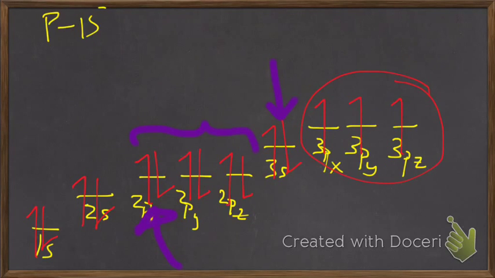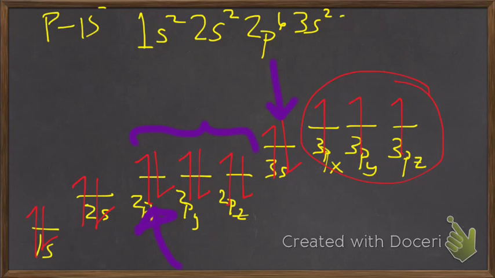Now I want to show you something else. This gets a little cumbersome when we write it all out and draw it out like this. There's another way that we can do it. Actually, there's a couple of ways. One other way to do this, rather than drawing out all the energy levels, is to write out the electron configuration like this. 1s2, 2s2, 2p6, 3s2, 3p3.